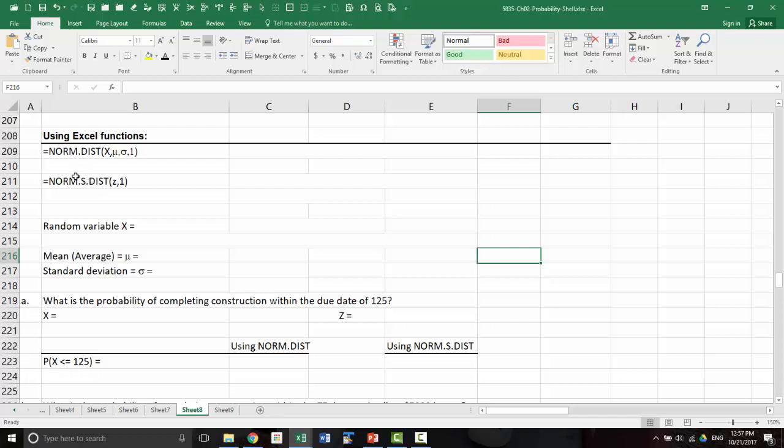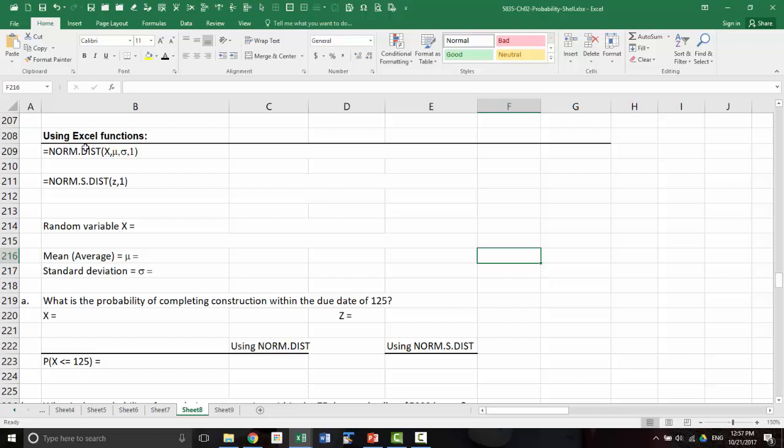NORM.S.DIST. That S here stands for standard normal. In that case, the mean is 0, standard deviation is 1, so there is no need to specify that. All you have to do is to specify whether it is cumulative or not. So these are the two functions that you can use.